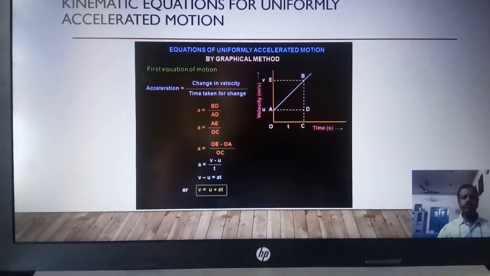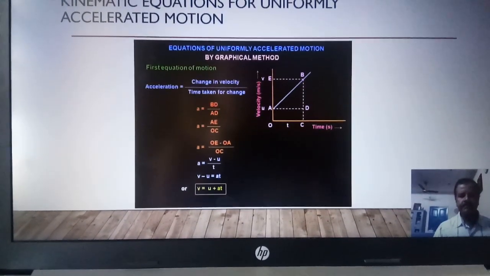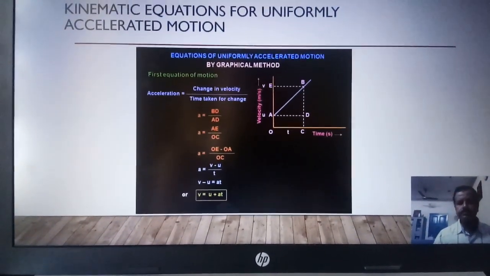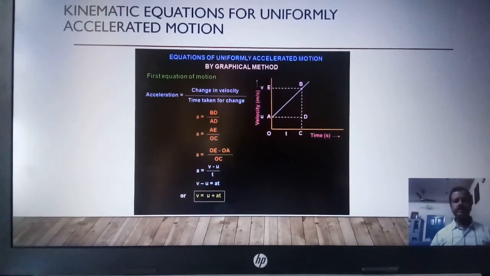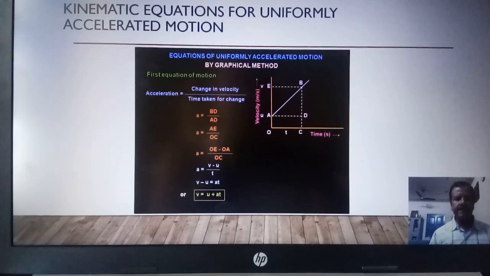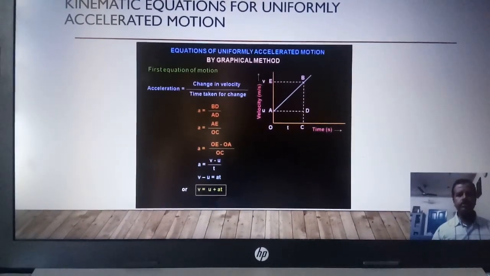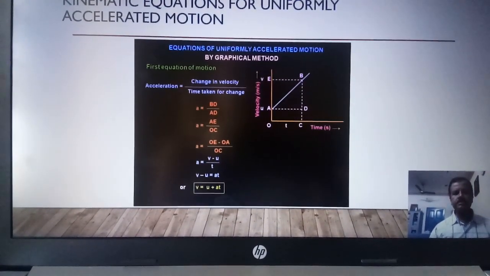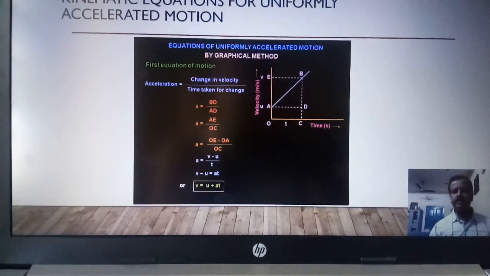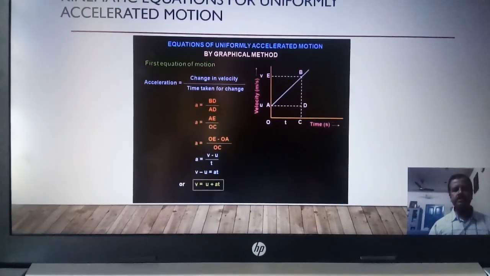And thus, we get the first equation, v is equal to u plus at, provided a is constant, v is the final velocity, u is the initial velocity, t is the time taken for that motion. So v equal to u plus at gives us the first equation, which gives us the final velocity when the initial velocity, time interval and acceleration are given.